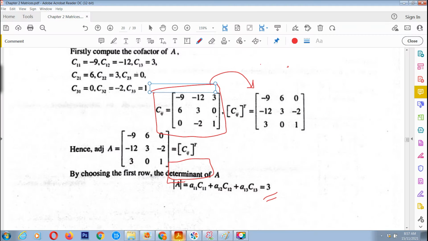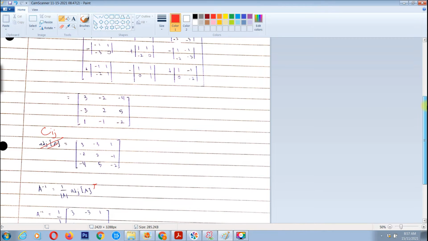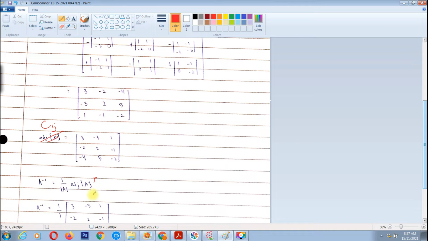After you get the adjoint of A, you need to transpose Cij. So adjoint A equals Cij transpose.